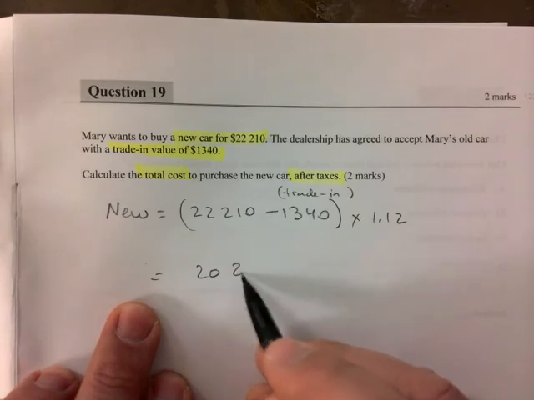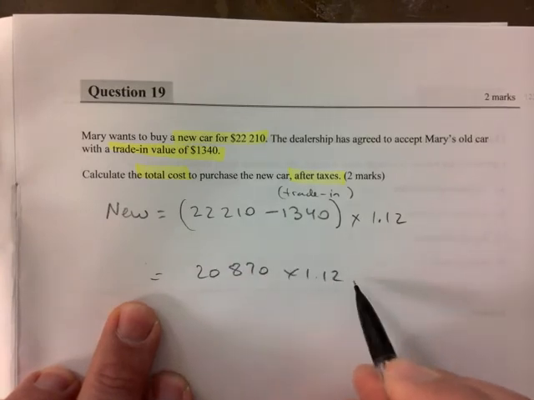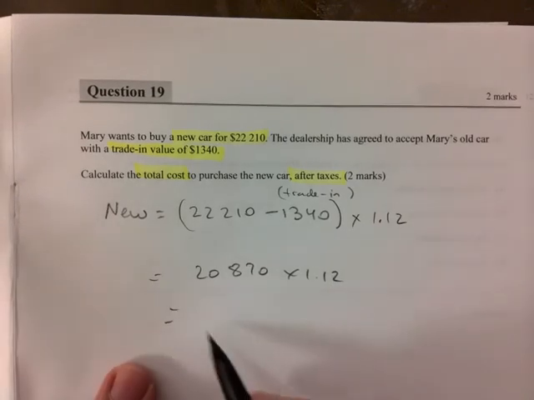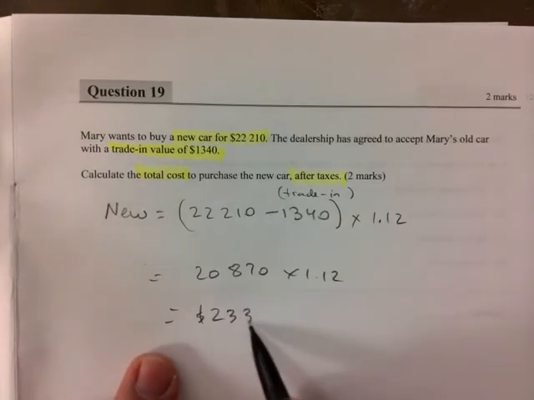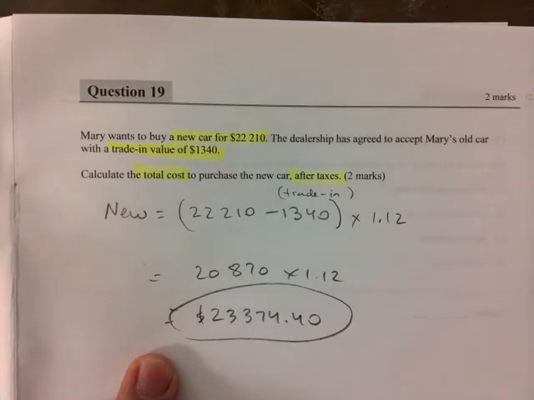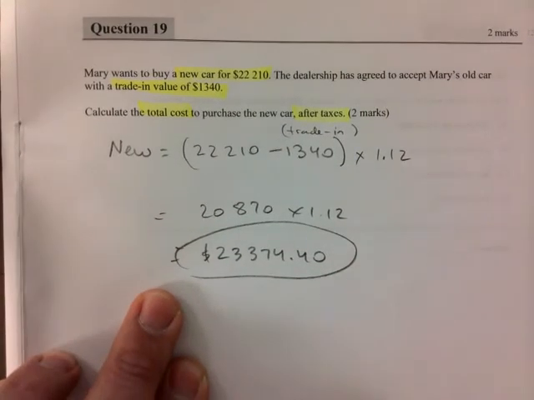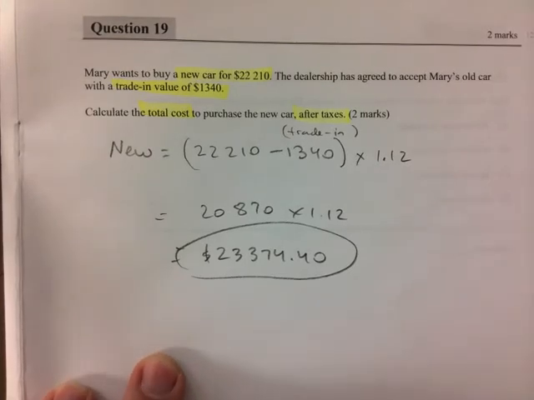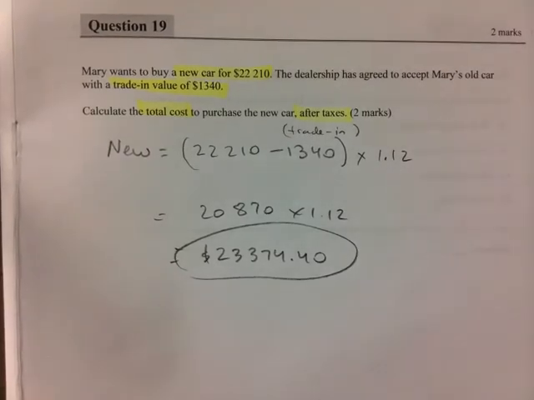So it's 20,870 times 1.12. It's 23,374.40. The most important piece about trade-in is do it before taxes are added.